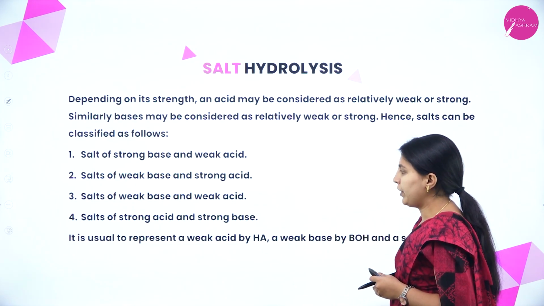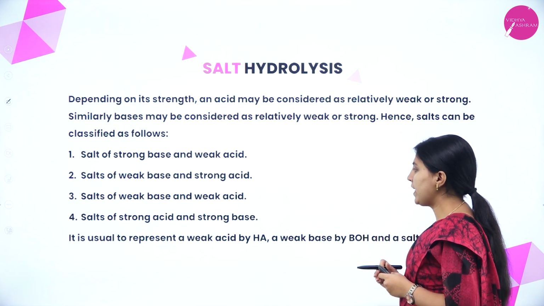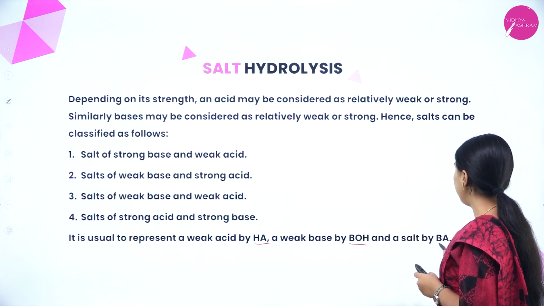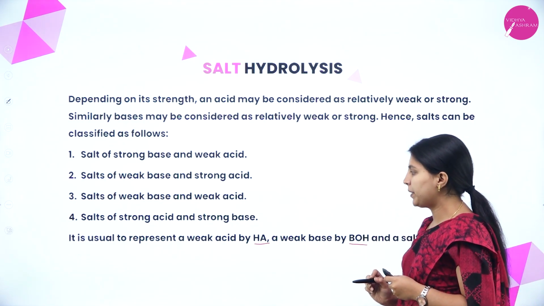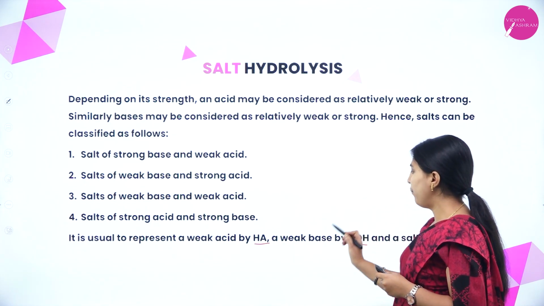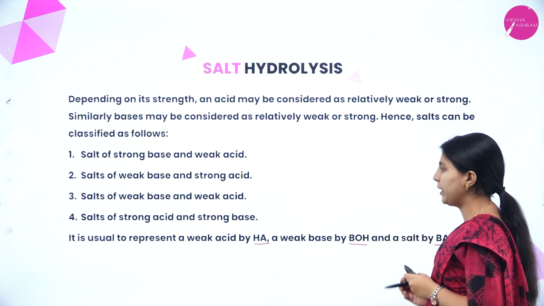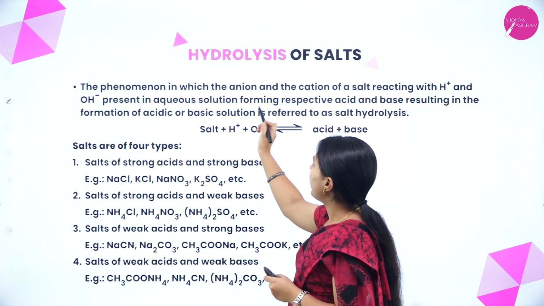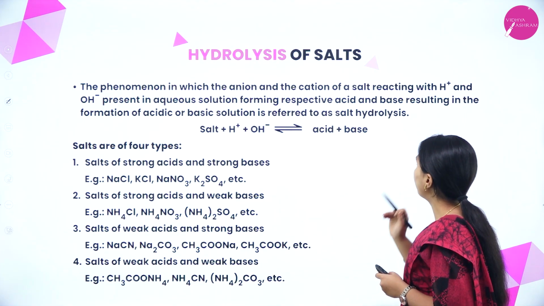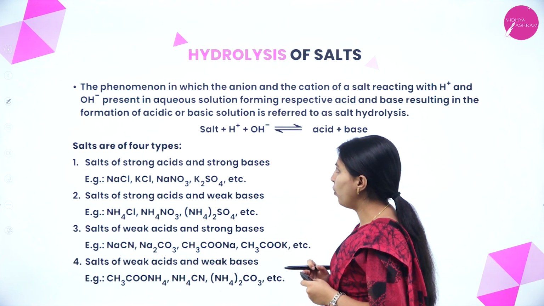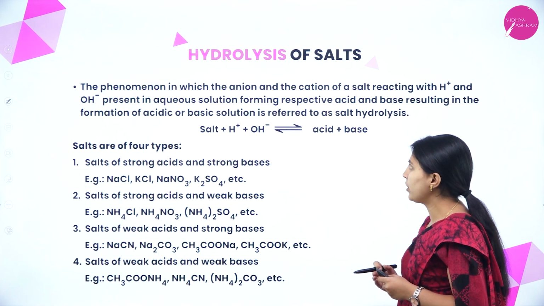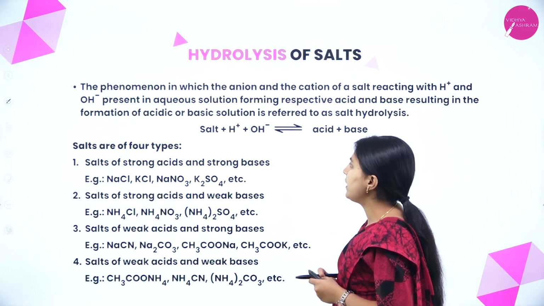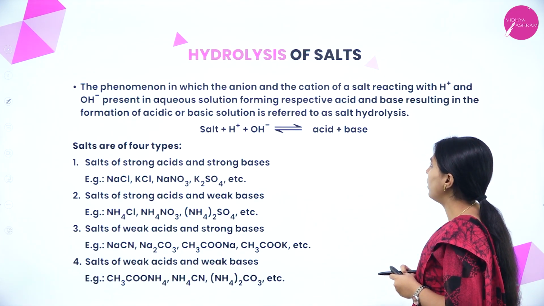It is usual to represent a weak acid by HA, weak base by BOH and a salt by BA. Next, hydrolysis of salt. The phenomenon in which the anion and the cation of a salt react with H plus and OH minus present in aqueous solution, forming the respective acid and base, resulting in an acidic or basic solution, is referred to as salt hydrolysis.